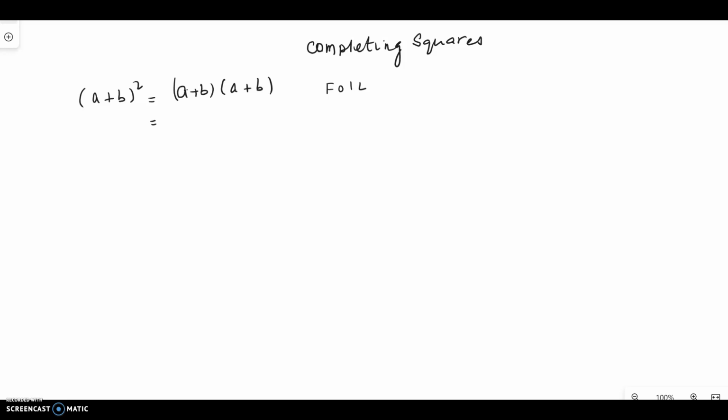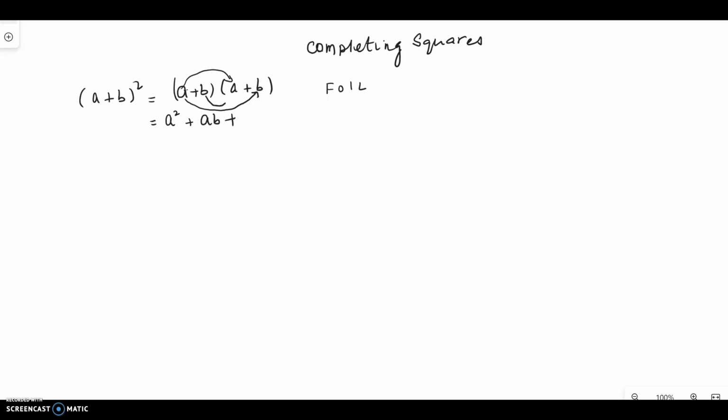So if I use FOIL, it would be first. So that is a times a, that's a squared. Outer. So the outer terms are a from the left and b from the right. So that would be ab. Inner.